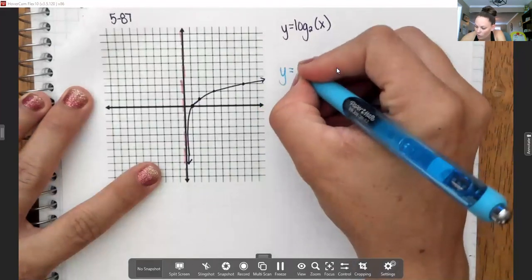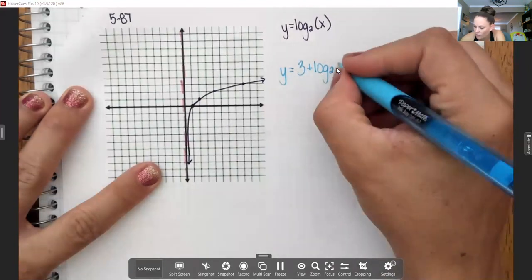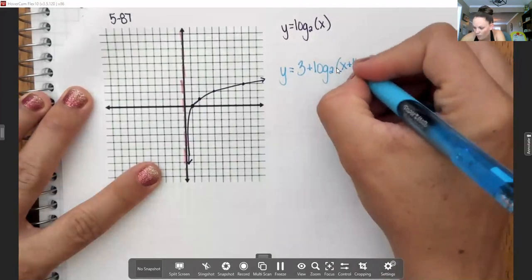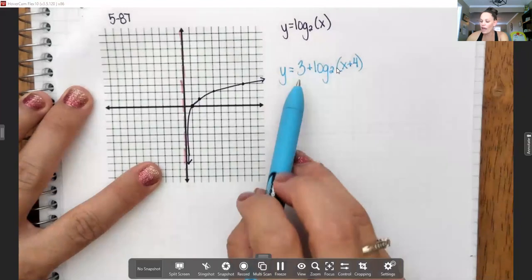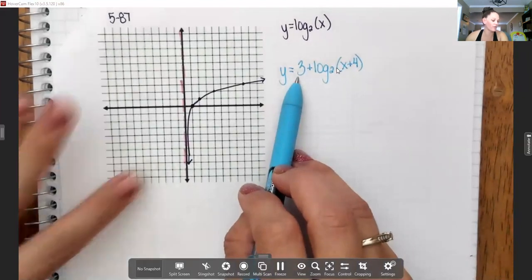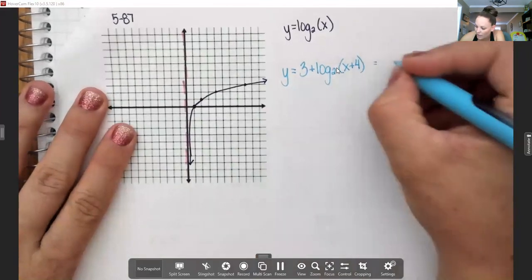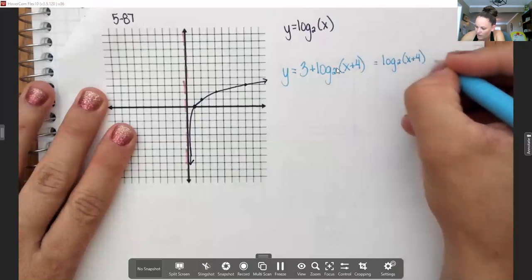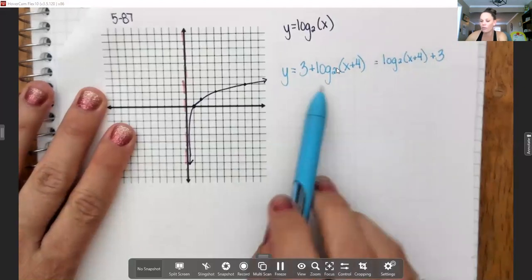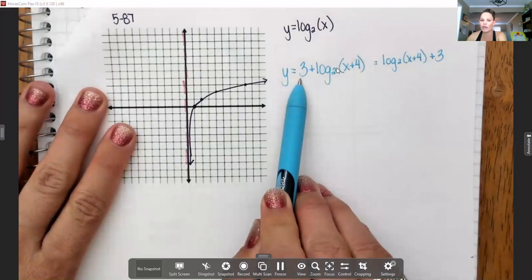Y equals 3 plus log base 2 of x plus 4. With these log graphs, your k value is often put at the front. Not always, but this is the same as log base 2 of x plus 4 in parentheses with a plus 3 after. But they're often going to be written with that k value out in front.